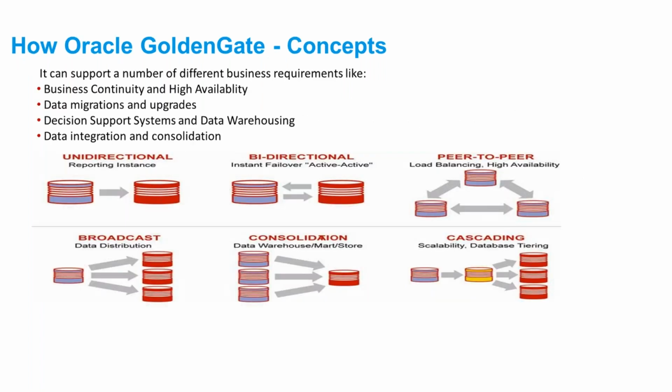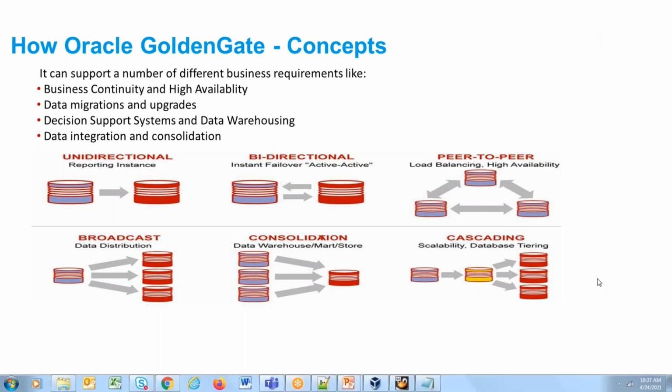Okay. So these are the concepts of Golden Gate, like I was telling you about Golden Gate being used for broadcasting the data, consolidating the data. So Golden Gate can support a number of different business requirements like business continuity and high availability. So Golden Gate ensures that your business continuity is not hampered and databases are available.